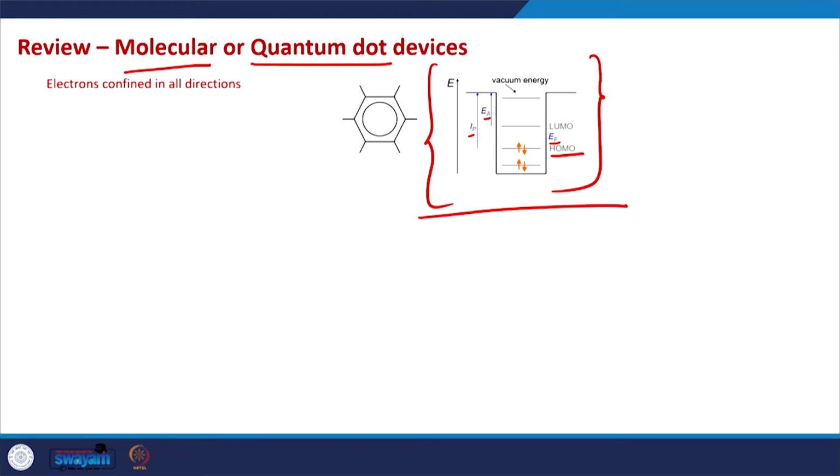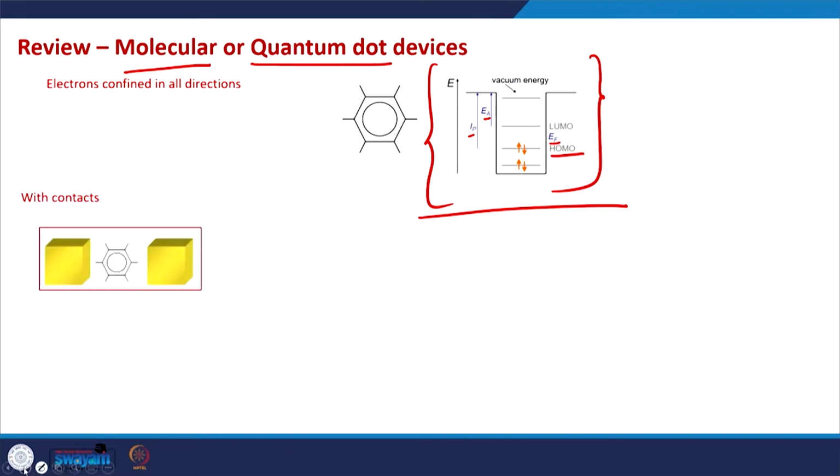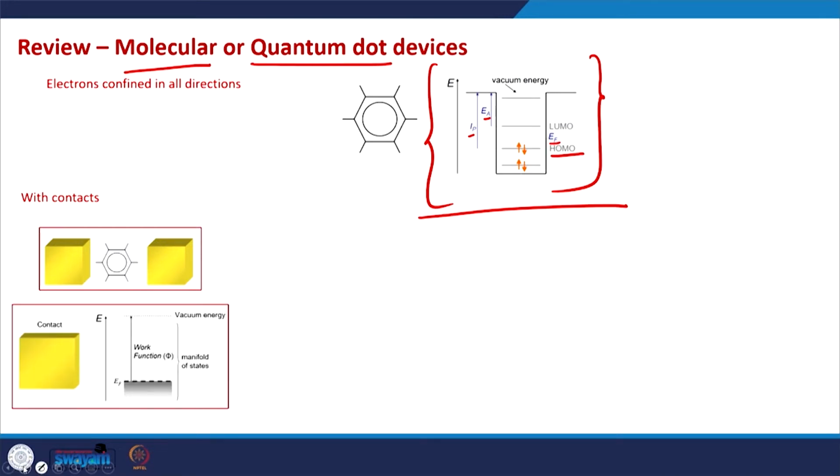So after this, in order to make devices, we also need contacts, and generally the contacts are bulk contacts. So in the molecular devices, we will have a bulk contact, typically a metallic bulk contact, and this bulk contact has this kind of energy landscape.